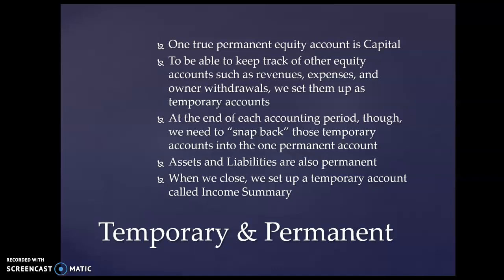If we are talking about a corporation, our one true permanent equity account is called retained earnings instead. Now, to be able to close, we are going to set up one more temporary account, which is called income summary.